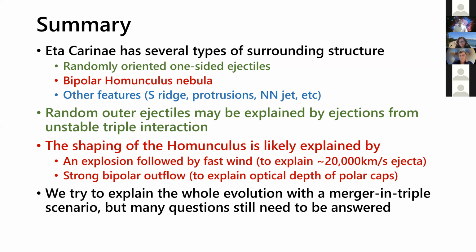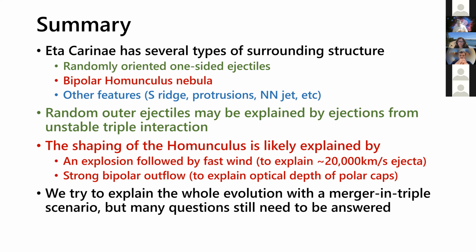Thank you for the question. But yeah, as you said, there are many questions still to be answered. One of the things we immediately were trying to do was first explain, so we have assumed that the merger product would drive a super-Eddington wind, but that's not immediately clear, because if you just simply dump energy into a star, for example in MESA, all it does is expand and fall back, and doesn't naturally drive the wind.